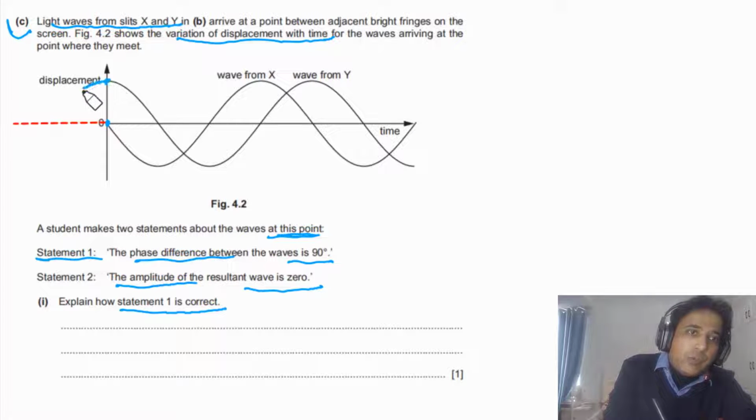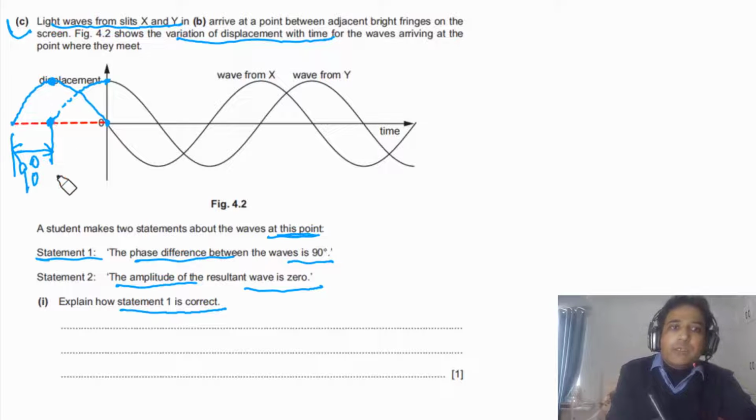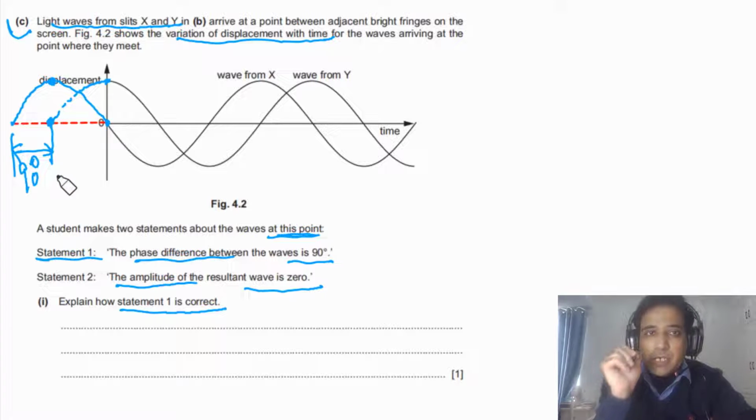So this wave, if we go back in time, we can imagine it's coming from this point, it's starting from this point, and this wave at this point has already reached the peak, so it is starting from here. So what is the phase difference between these two? The phase difference between these two is 90 degrees. So when this has 0 displacement, this has already reached the maximum displacement. So the phase difference between these two is 90 degrees.